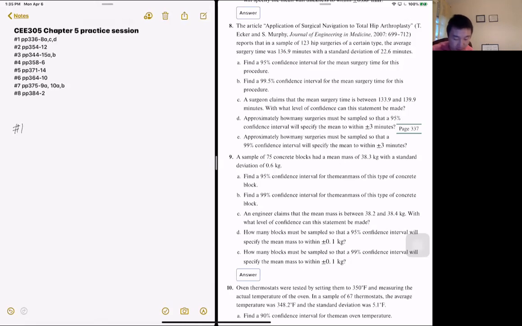Also, based on the sample size, 123 surgeries, which is larger than 30, this is a large sample. So this is a confidence interval for the population mean.